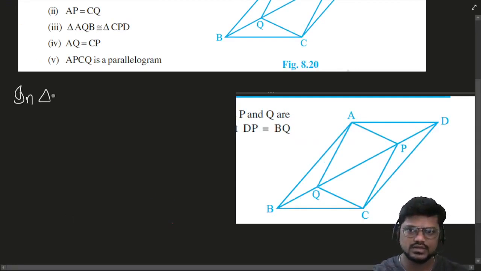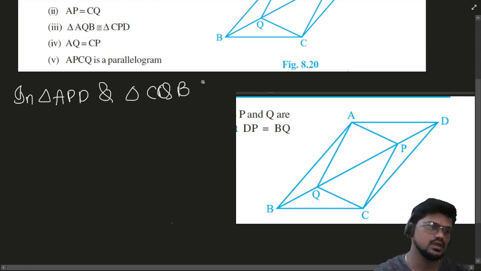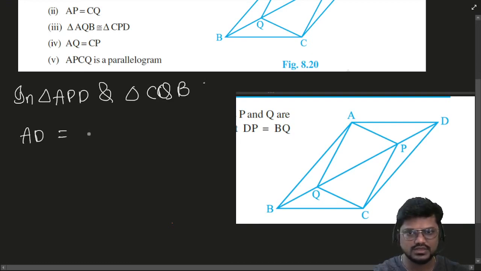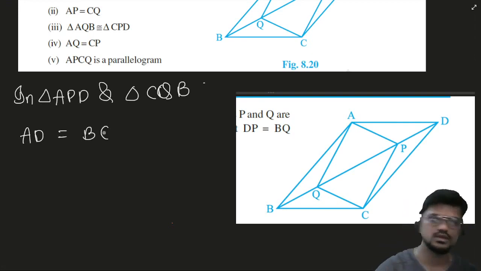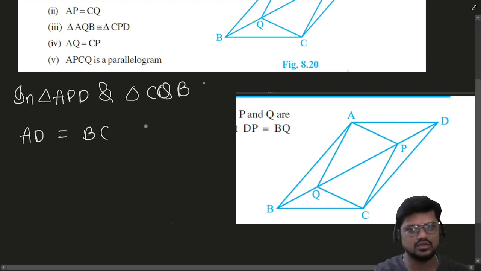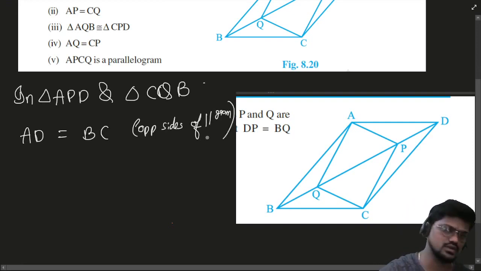In triangle APD and triangle CQB, what do we know? AD is equal to BC. What will be the reason? Opposite sides of a parallelogram.